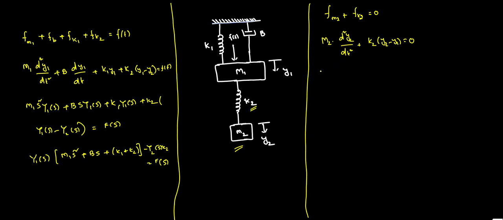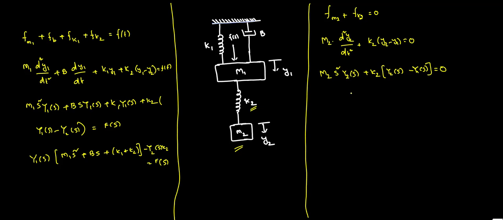So applying the Laplace transform here, that is m2 s square y2 of s plus k2 into y2 of s minus y1 of s is equal to 0.